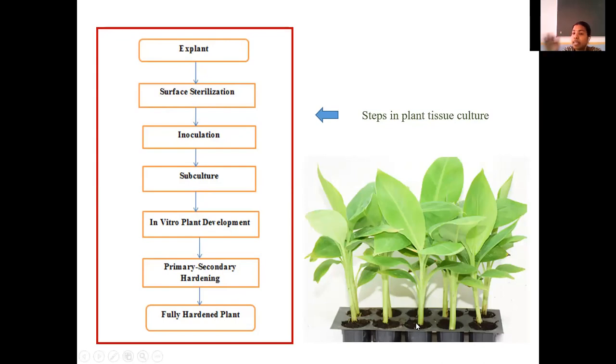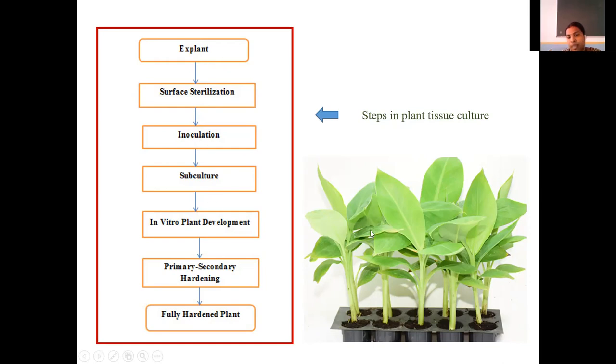Have a cocopeat pot and keep it under your observation in the plant tissue culture laboratory for 15 to 20 days. If the plant is still healthy after 15 or 20 days, then you have to take out the cocopeat along with the plantlets and go for soil. So this is the hardening or acclimatization technique.